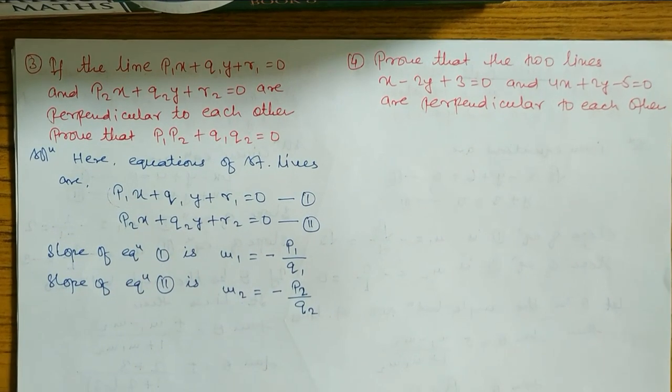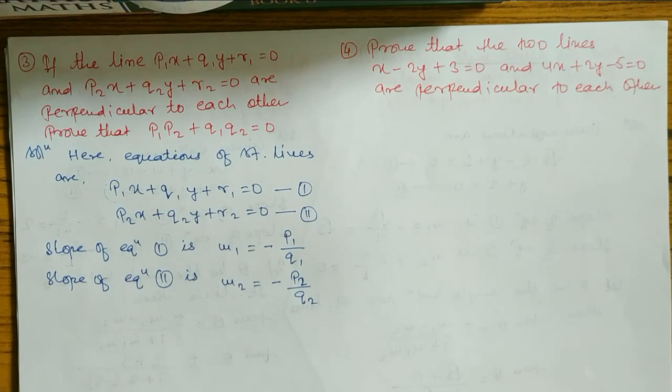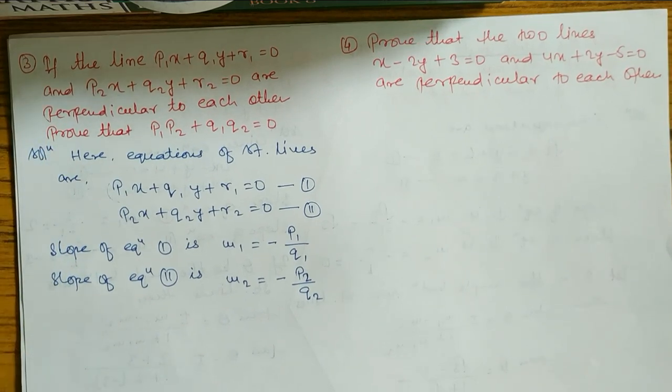Now according to formula, when two lines are perpendicular to each other, then m1 m2 is equal to minus 1. I already gave you in formula.